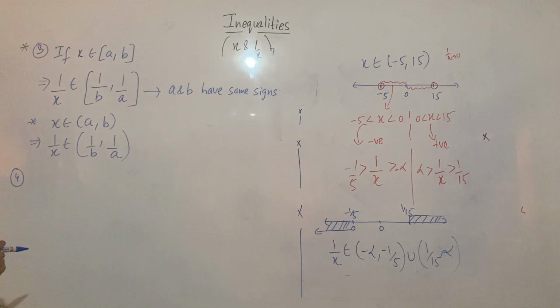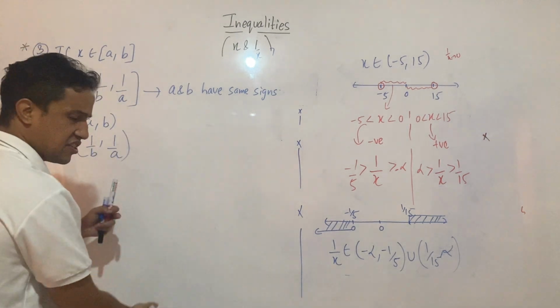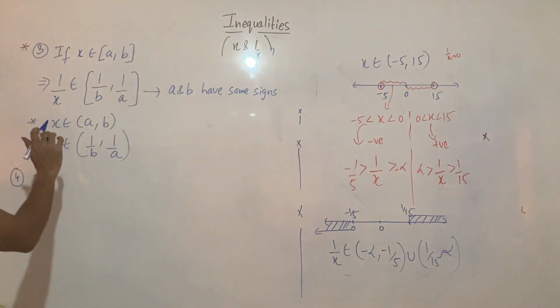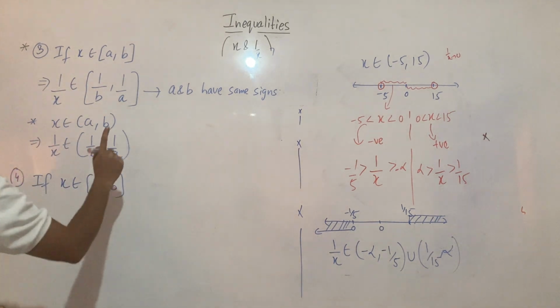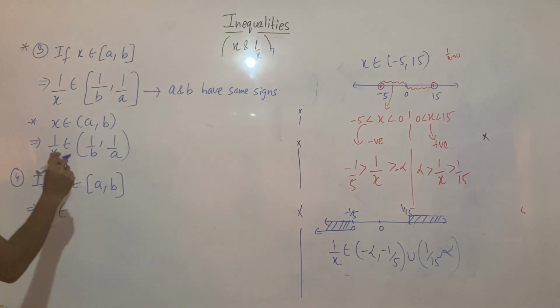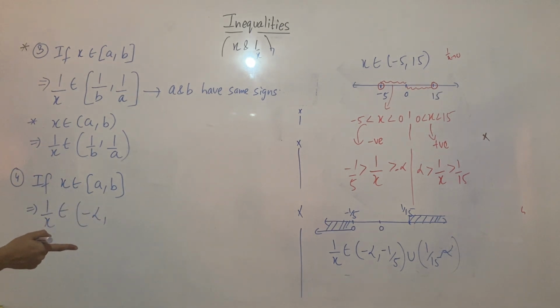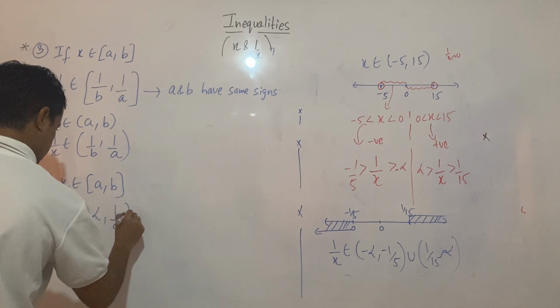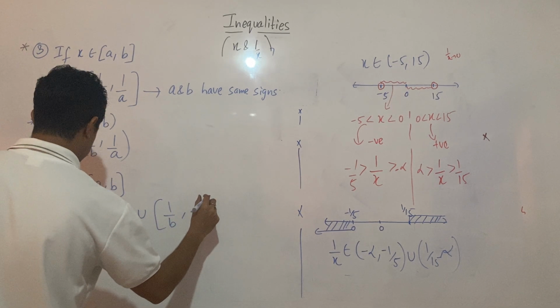Now number 4, important, we are going to work on it. We have worked on the cases that I took, so it's just the conclusion. If x belongs to your open interval a to b, and a and b have different signs, then your 1 over x is going to be minus infinity to 1 by a union 1 by b to infinity, right?